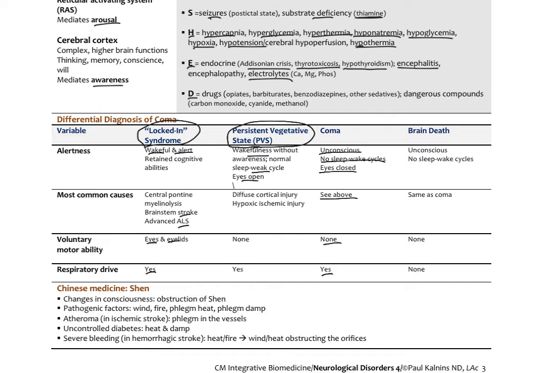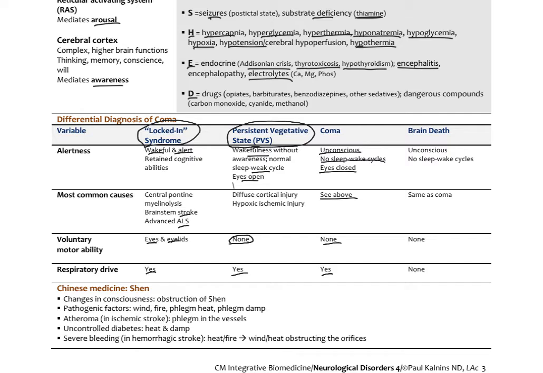It looks like the patient's aware and awake, they're there, but they're not responding to any conscious cues. And this is usually from diffuse cortical injury, stroke, things like that. So there's no voluntary motor activity. So you ask the patient to squeeze their hand, there's no response. But there is respiratory drive still.